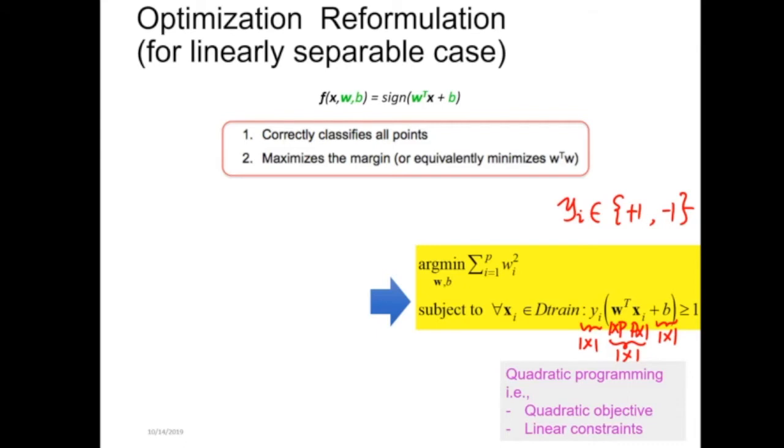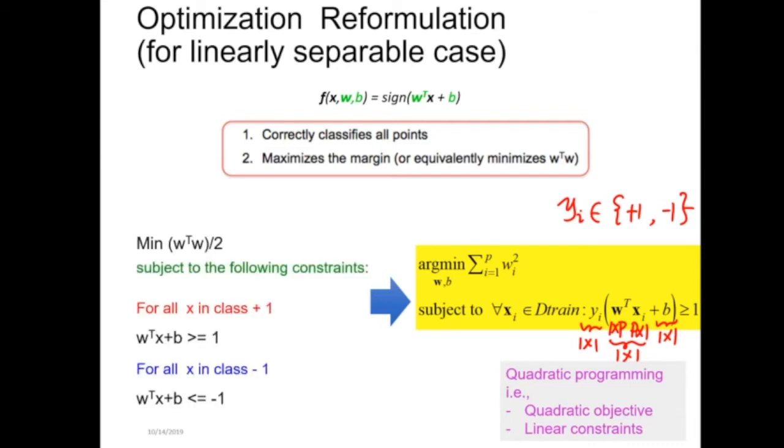So this is the review. What we had is minimizing W transpose W subject to all the training points being predicted correctly, and it's summarized into really just the summation of the squares of all the elements of W, subject to the formulation we had. So this is the objective function, right?